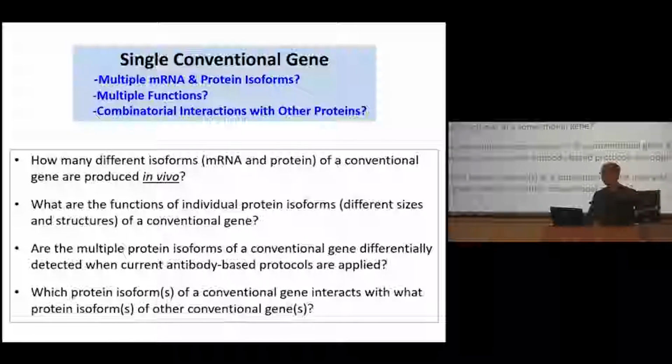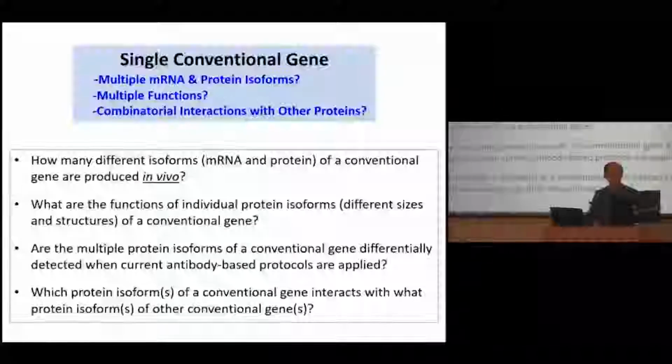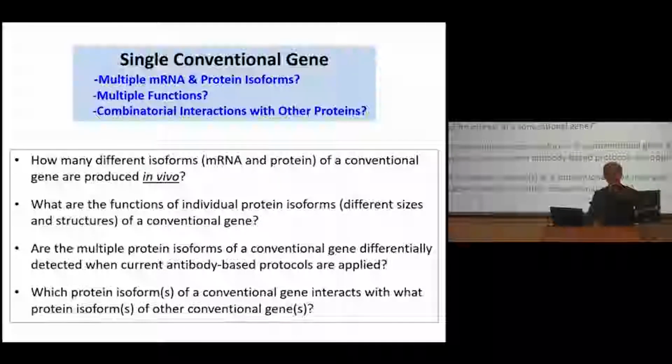And do we really know how many different isoforms of a single gene are produced in vivo, meaning in humans in this diverse population, not just in cell lines? In humans with all different conditions: young, old, traumatic injury, infection, and others. So how many different types of isoforms of messenger RNAs or proteins can we expect in vivo?